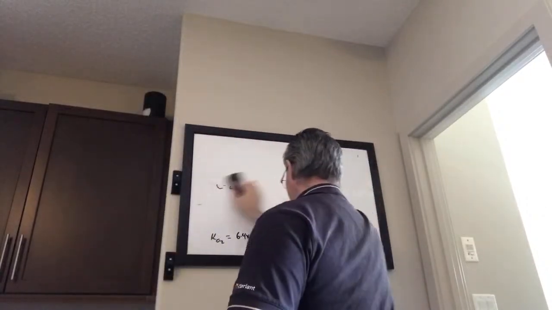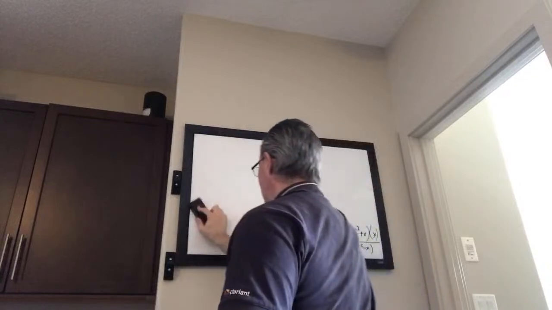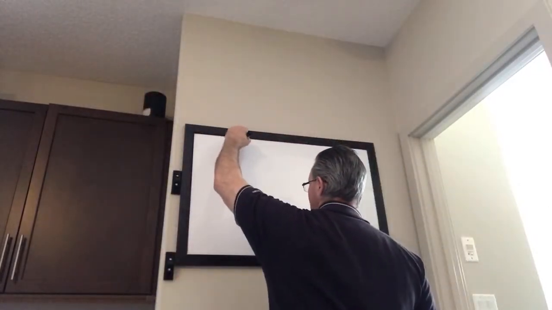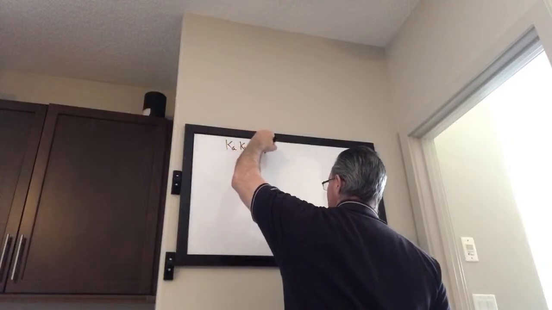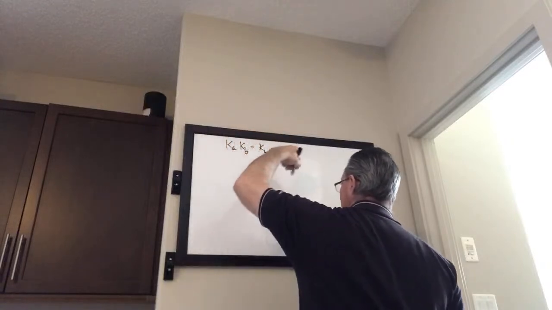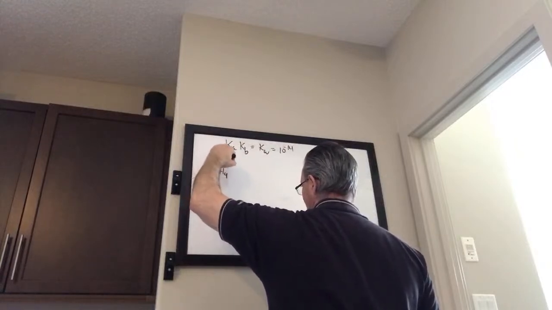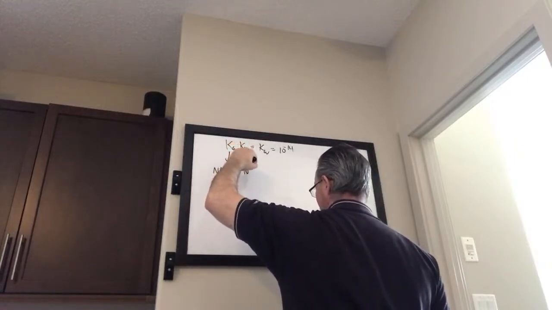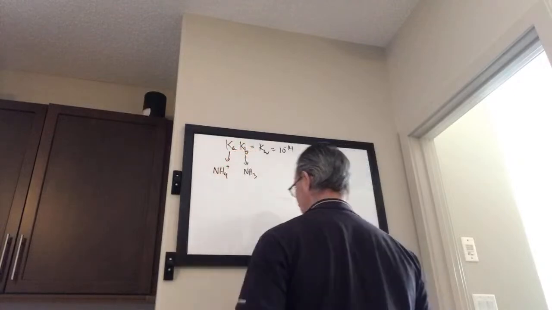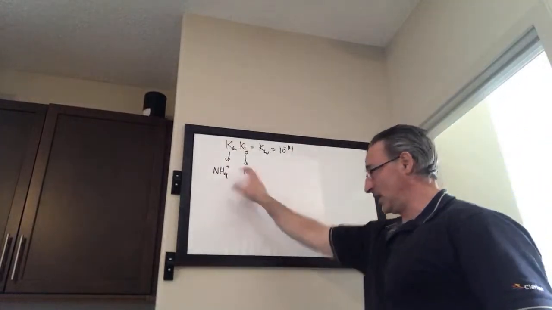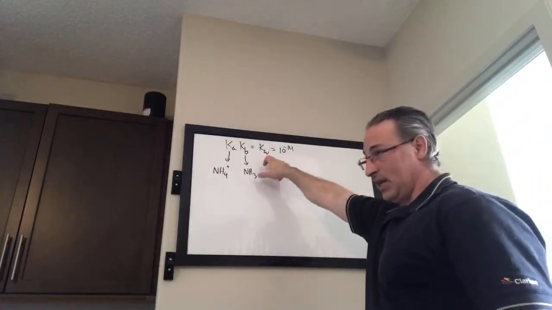Interesting thing, when you multiply Ka and Kb for the conjugate base of the acid, you'll get Kw. So Ka times Kb always equals Kw, which equals 10 to the negative 14. The Ka would apply to ammonium, which is the conjugate acid of ammonia, which has Kb applied to it. So when you multiply those two of the conjugate acid and base pair, you will get the Kw in aqueous solutions.